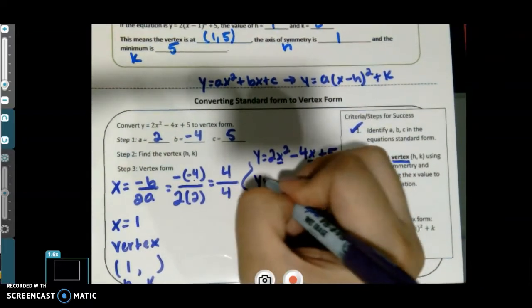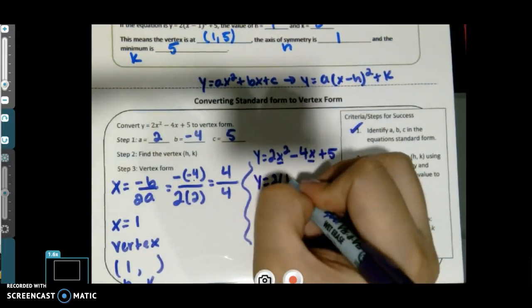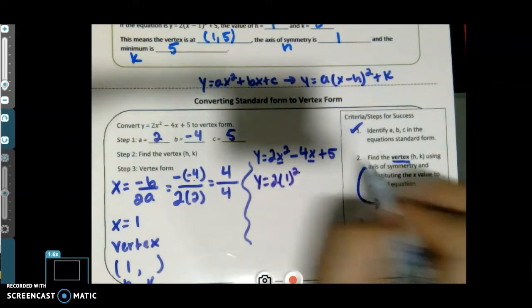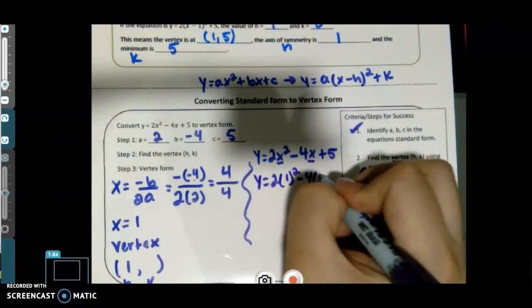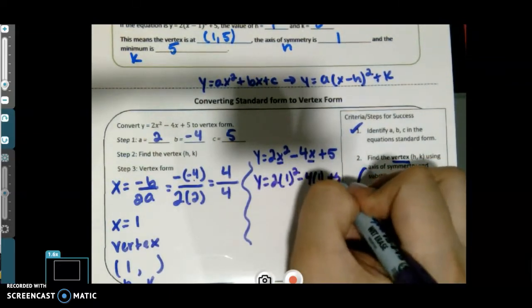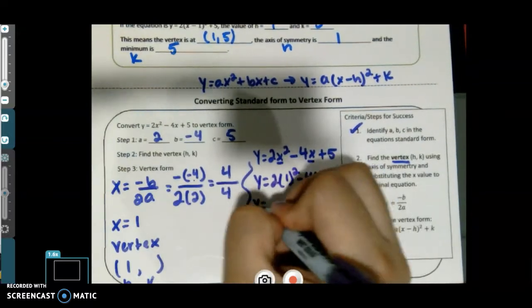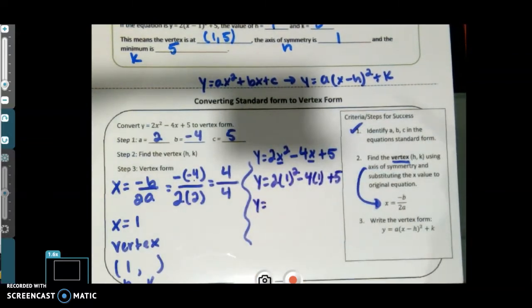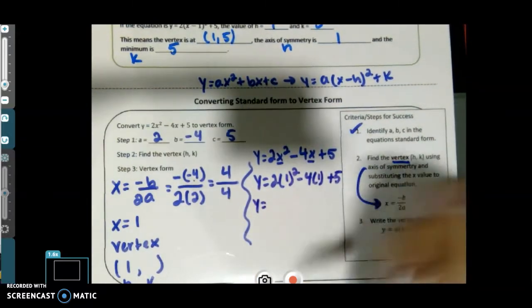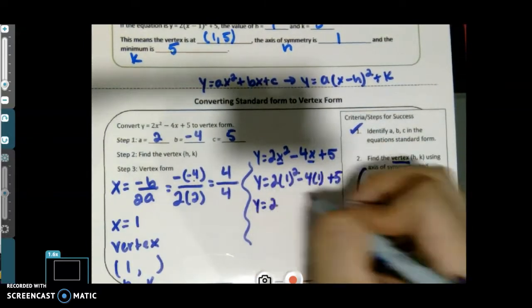So y equals 2 parentheses 1 squared minus 4 parentheses 1 plus 5. So here we know 1 squared is 1, right? So 1 times 2 would give me 2.